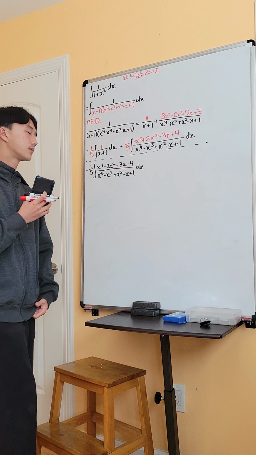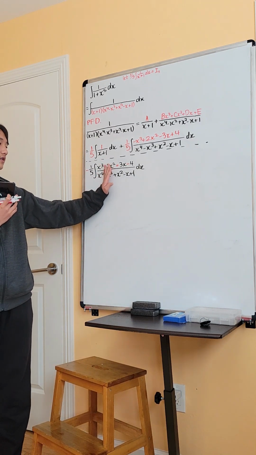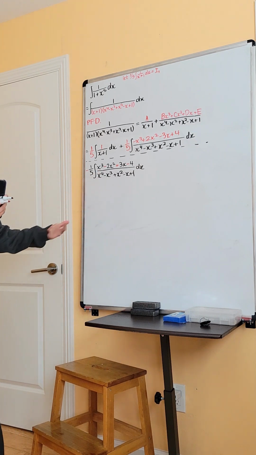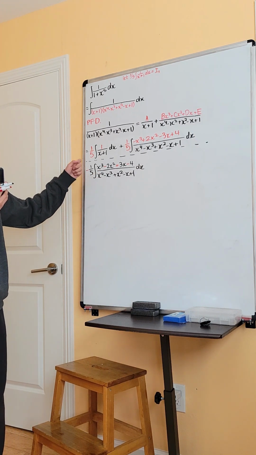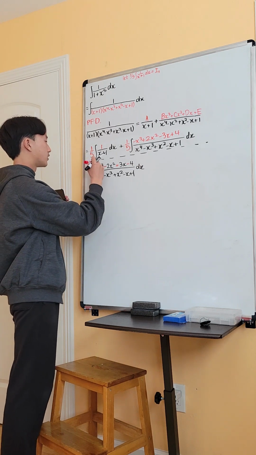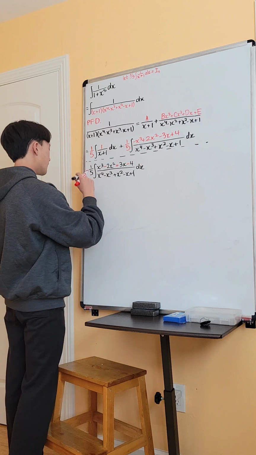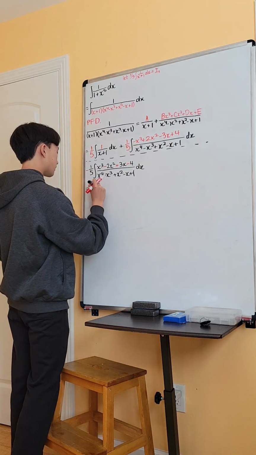So how do we do that? Let's take a look at this first term, x to the 4th. The derivative of x to the 4th is 4x cubed. So in order to have that coefficient, we need to multiply by 4 on top, but that also means we have to divide by 4.